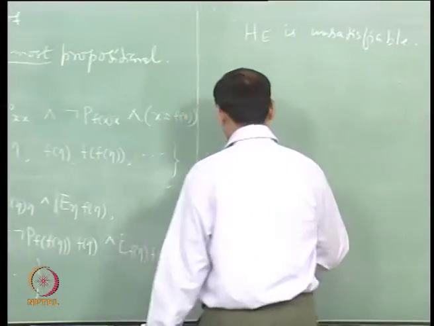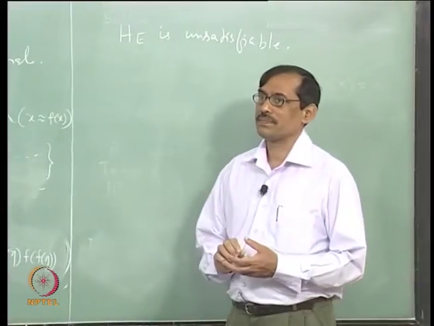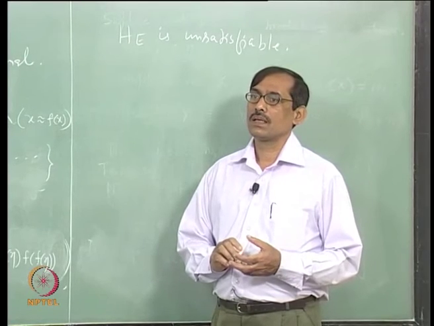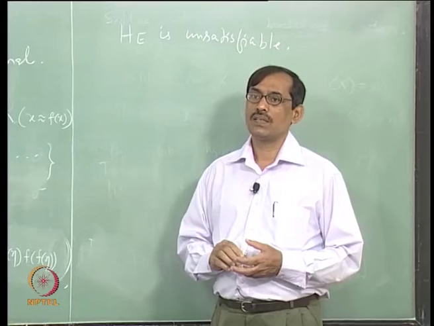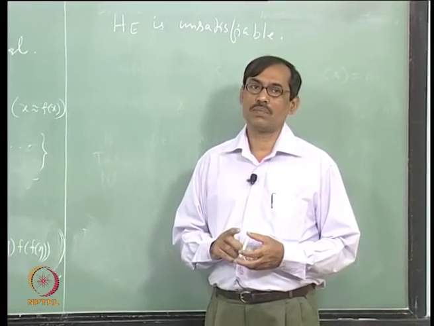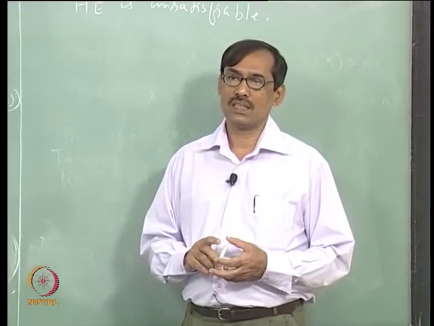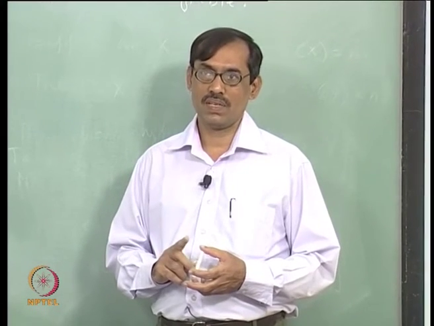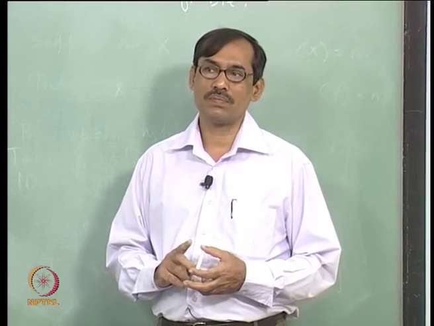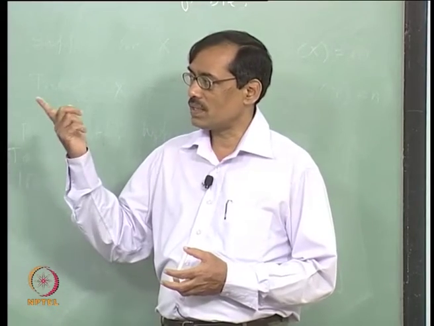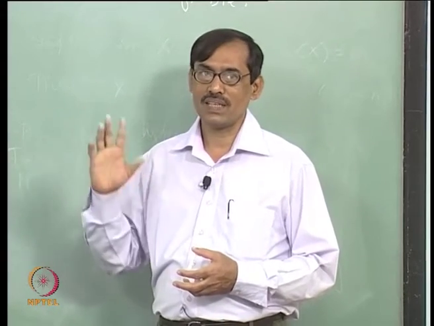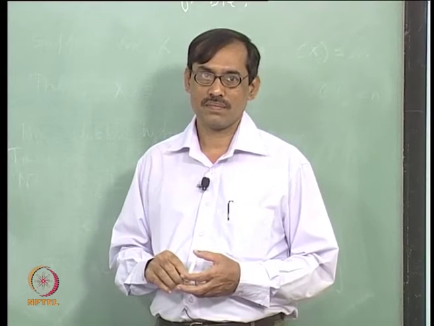fine, but there is something else it gives, like you have H e is propositionally satisfiable. Now, use the compactness theorem for propositional logic. It says H e is unsatisfiable if and only if it has a finite subset which is unsatisfiable, right. So, now H e suppose it is unsatisfiable, you get a finite subset which is unsatisfiable.